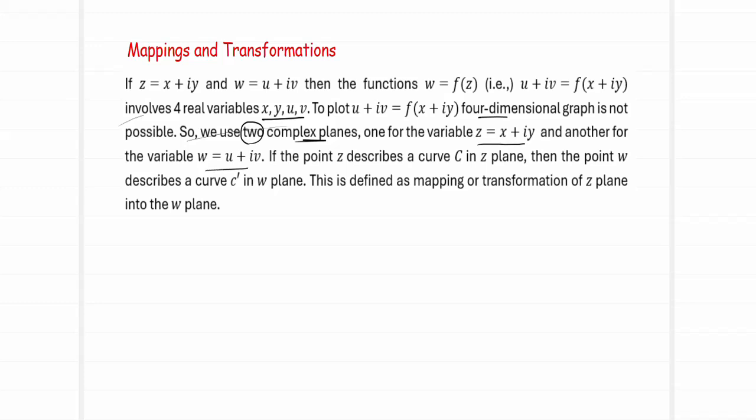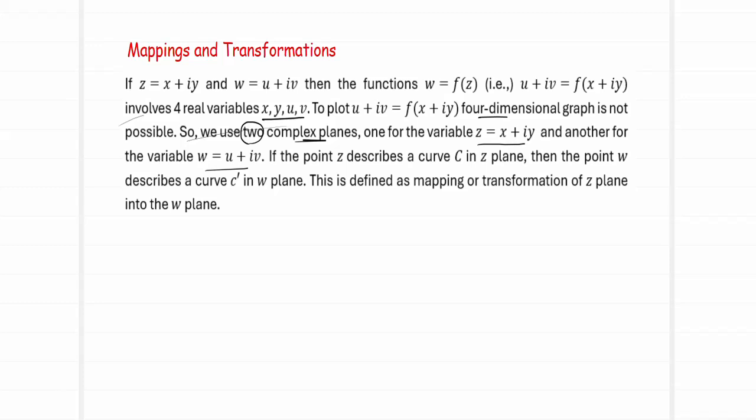Then if we have a point z that describes the curve C in the z plane, this transformation or mapping will have the point w describe a curve C dash in the w plane. This is defined as a mapping or transformation of the z plane into the w plane.